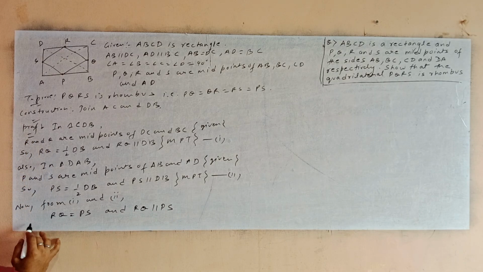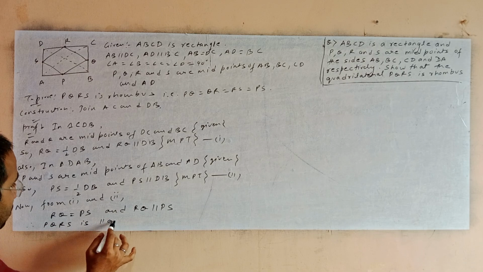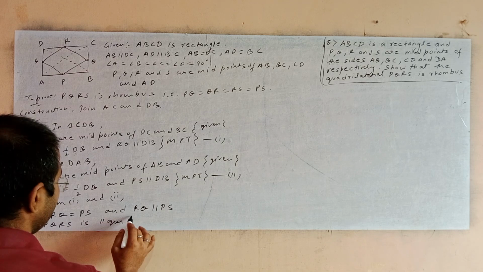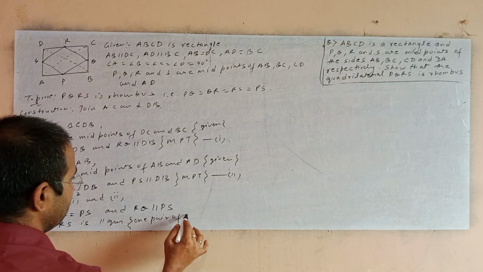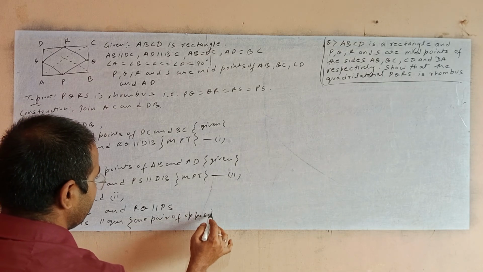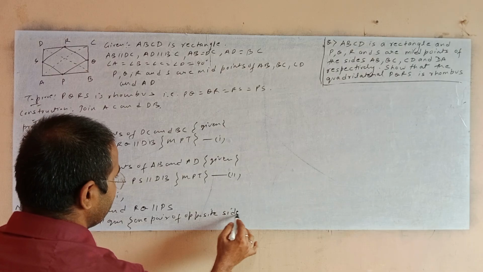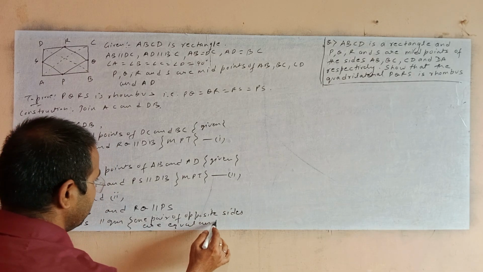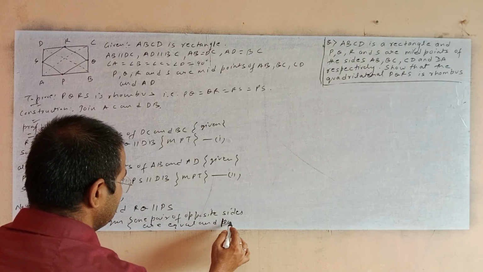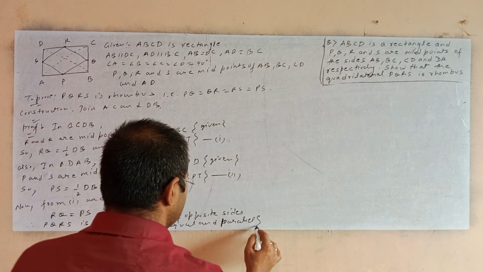Therefore, you can say that PQRS is a parallelogram, since one pair of opposite sides are equal and parallel. See here.